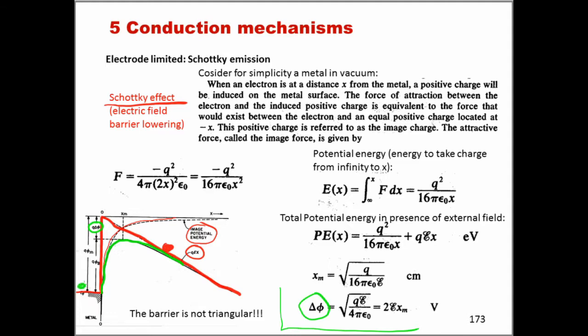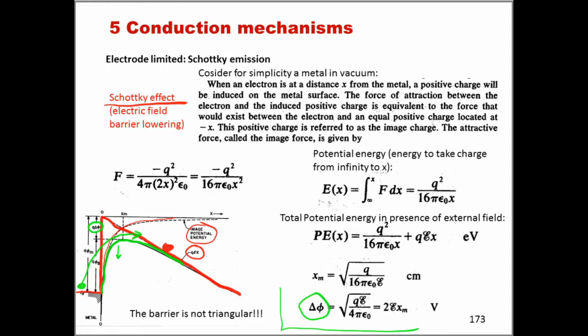The Schottky emission is basically electrons that want to jump over the barrier. So the larger the electric field, the lower the barrier becomes, and the easier it is for the electron to jump over it.